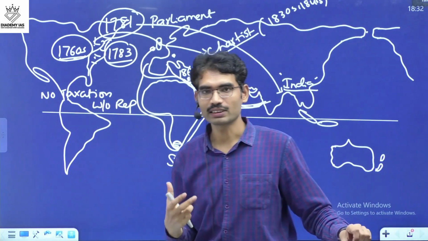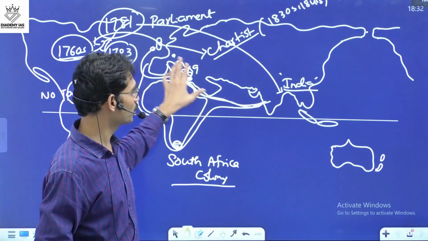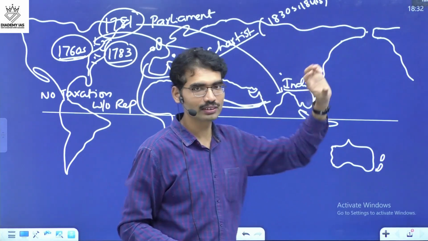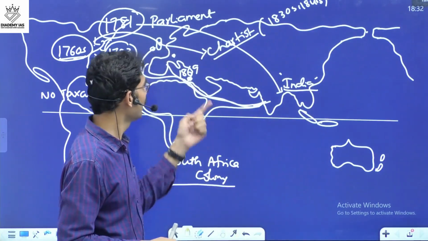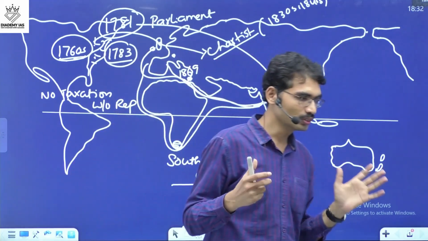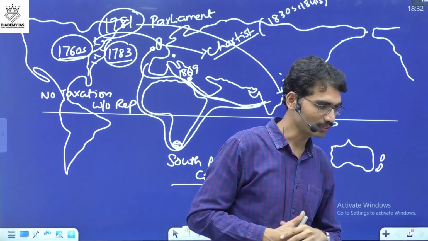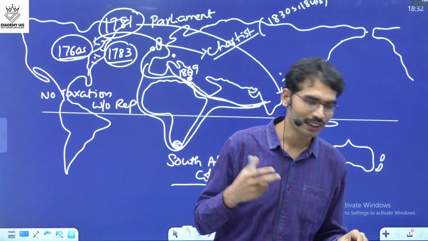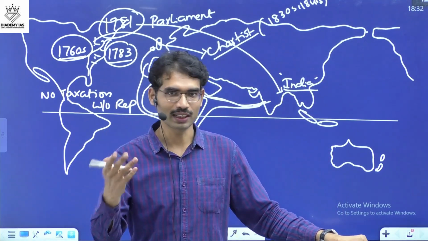Now, remember that in the 1830s and 40s, in Europe, something else is also happening. Can you remember? Yes, very good, Tarun. It's a labor movement, following the Reform Act 1832, that is in England.